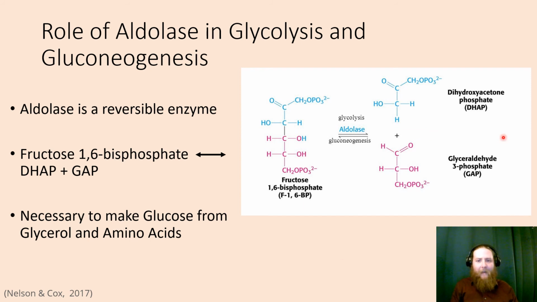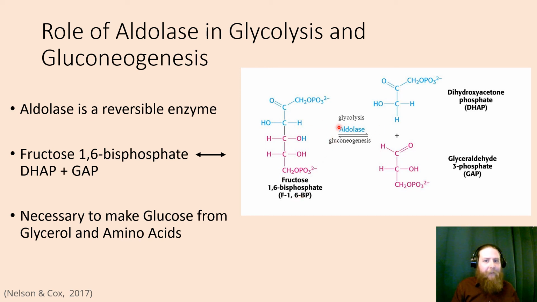So let's talk about aldolase in glycolysis and gluconeogenesis, because this one has a very low standard energy, so it is a reversible enzyme. Now we have here this DHAP in blue, and this glyceraldehyde 3-phosphate in purple here.